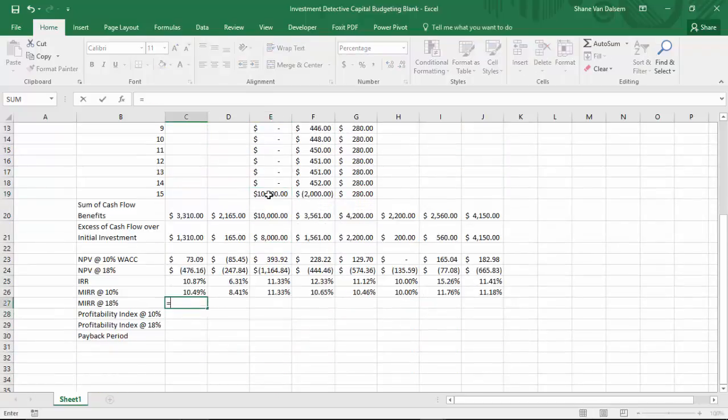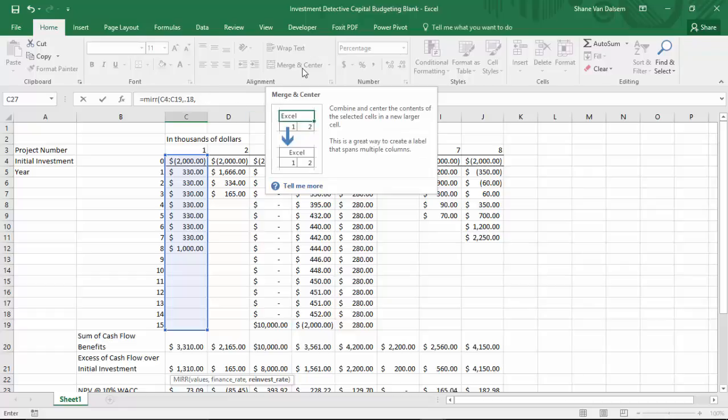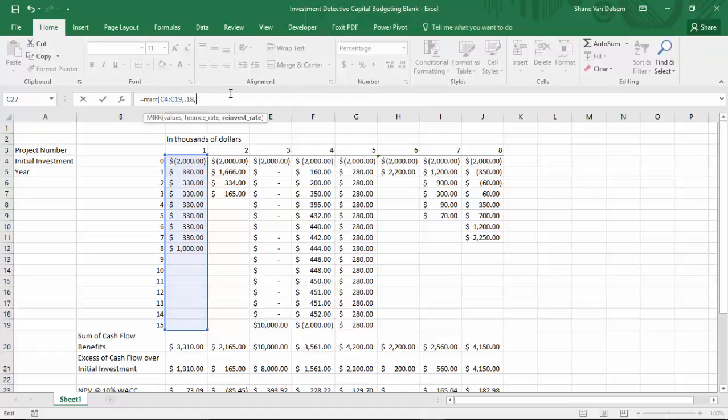So for the second example, we have equals MIRR. Again, we're going to highlight the same values. Comma. Now our weighted average cost of capital is 18%. So I put in comma 18%. You can see I'm doing that up here. .18 for our reinvestment rate.